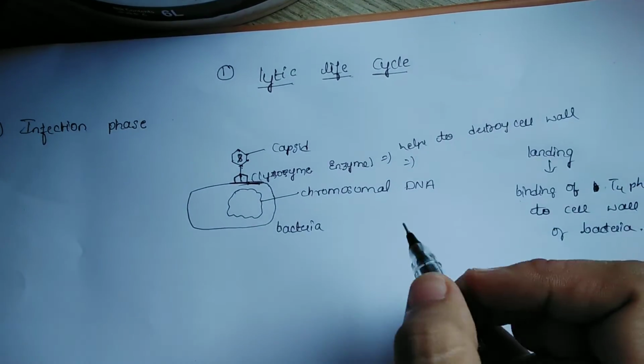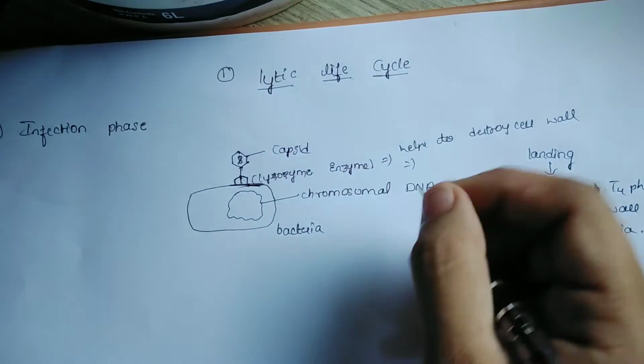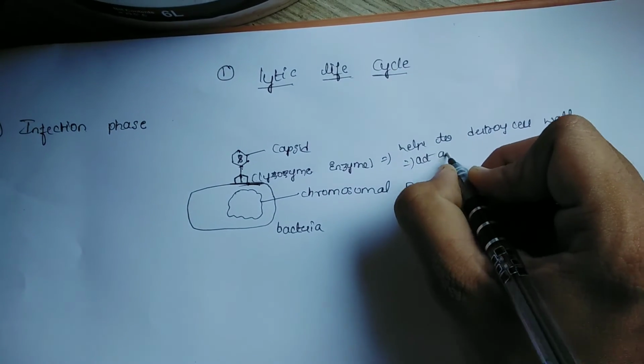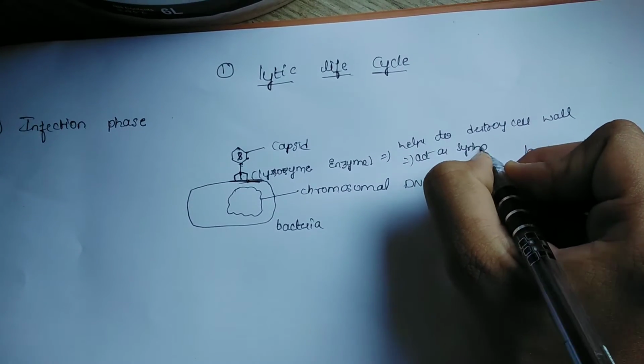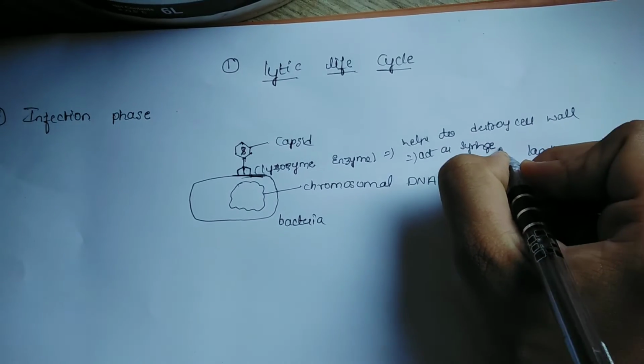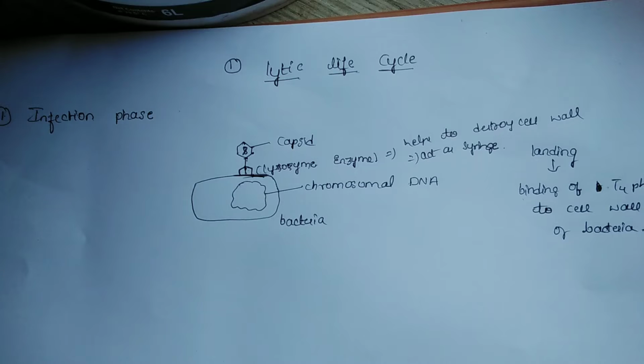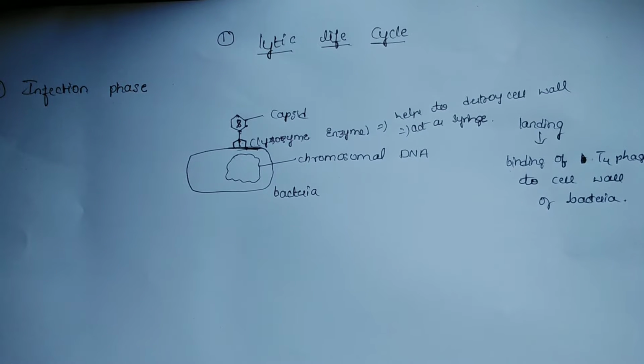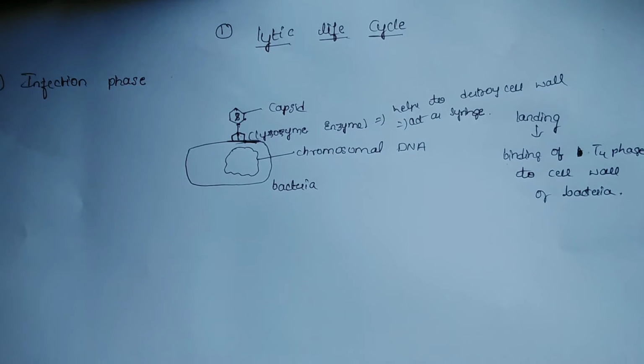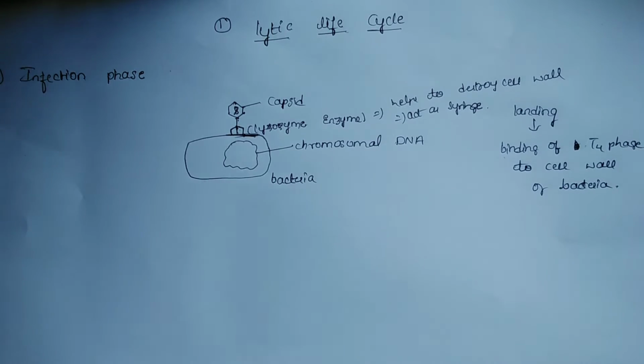And this tail fiber acts as a syringe. Now the lysozymes will destroy this cell wall, and the tail of this phage has a syringe. It injects the phage DNA, making a small hole in the cell wall.